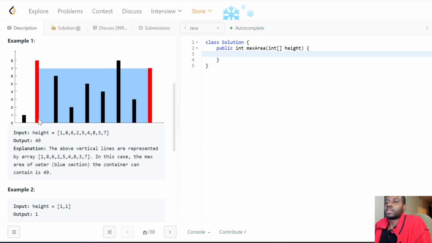My intuition says to try every single combination, so a nested for loop, two for loops. For each index, we calculate the area for each combination. For example, we start here and try every single one: what's the area for this one, for this one, for this one.